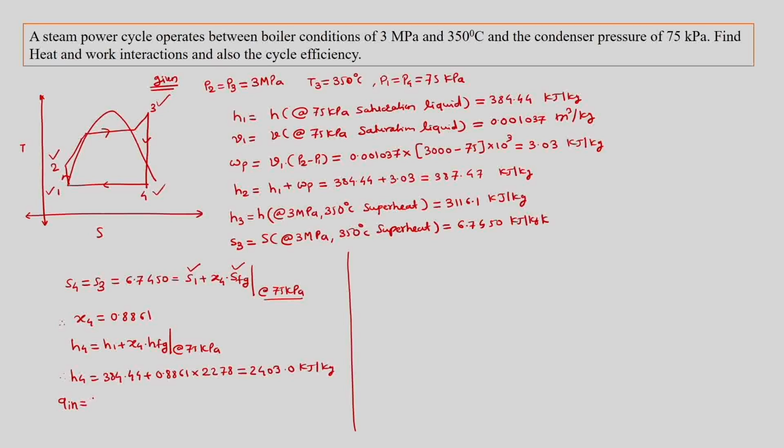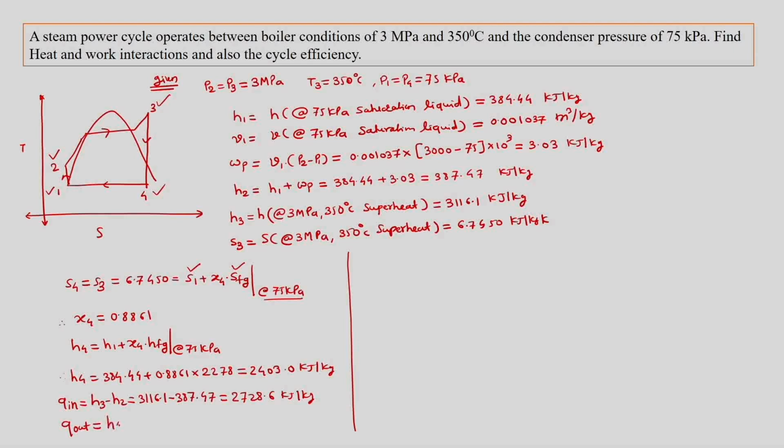So Q in is equal to H3 minus H2, and H3 is 3116.1, H2 is 387.47, and this gives us Q in as 2728.6 kilojoule per kg.